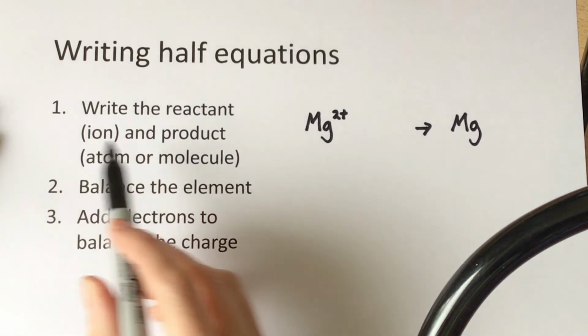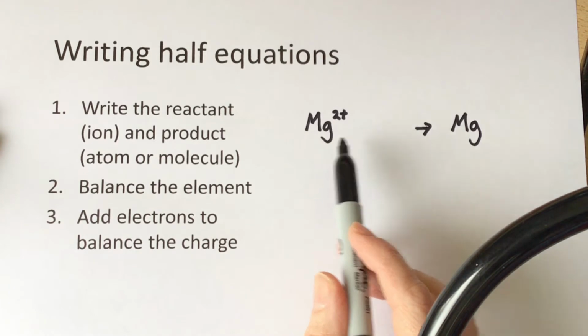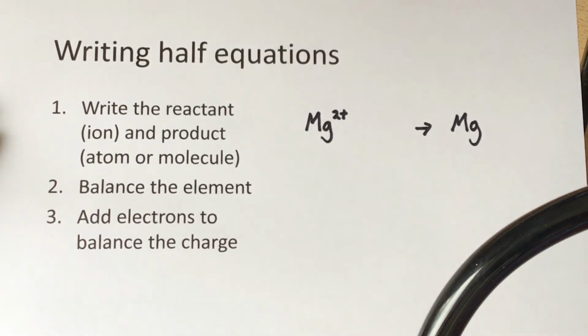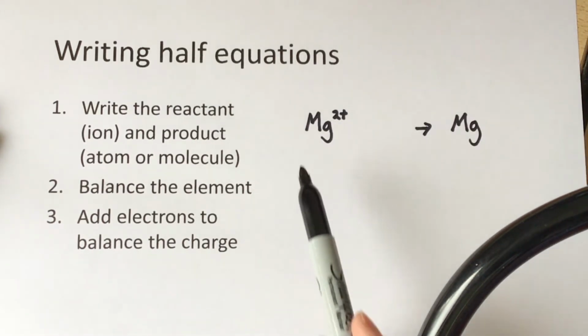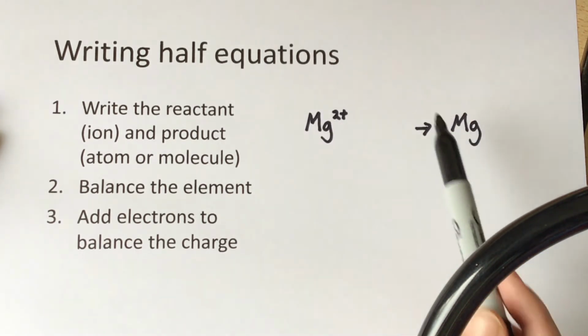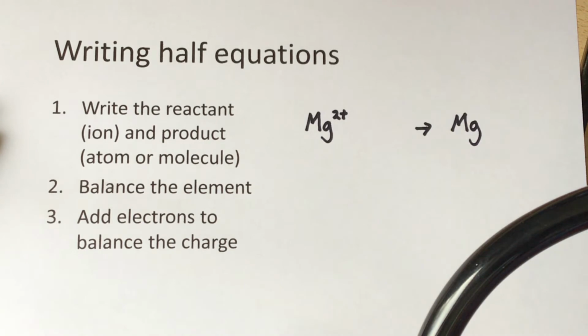So we've done step 1, we've written our reactant, which is an ion, and our product, which is, in this case, a magnesium atom. Second stage is to balance the element. Well, that's okay here. We've got 1 magnesium in the reactants and 1 magnesium in the products.